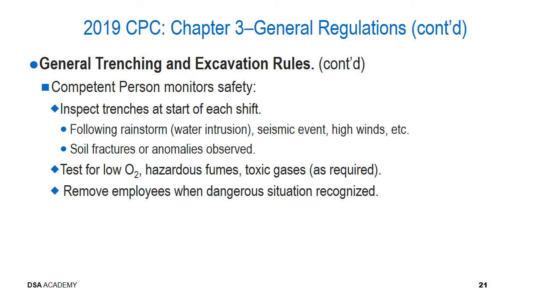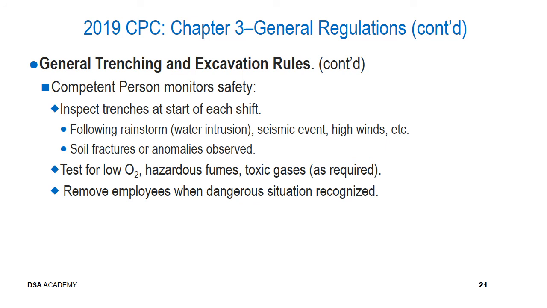They're also required to inspect these trenches or any excavation following a rainstorm or any water intrusion, a seismic event, high winds, etc. They're also going to inspect these trenches whenever soil fractures or other anomalies are observed or detected by anyone on the job.